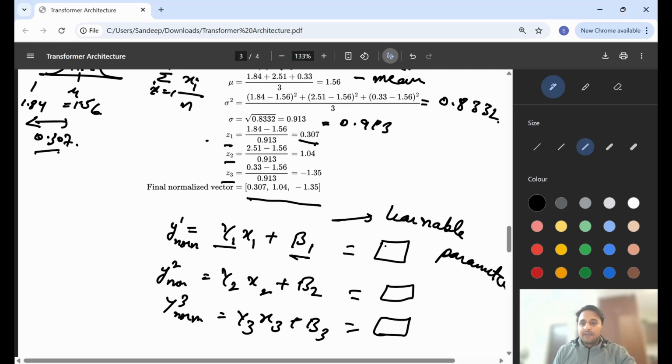What is scaling and shifting? You know the graph. Gamma scales the value up and down, and beta shifts it horizontally. So this is what we are doing in the layer normalization layer.